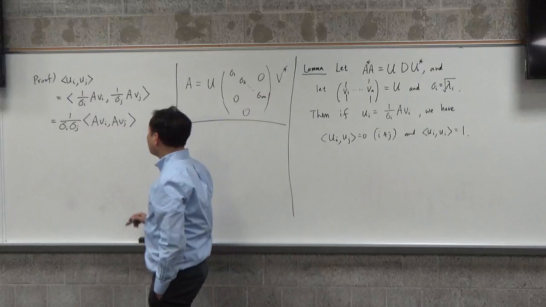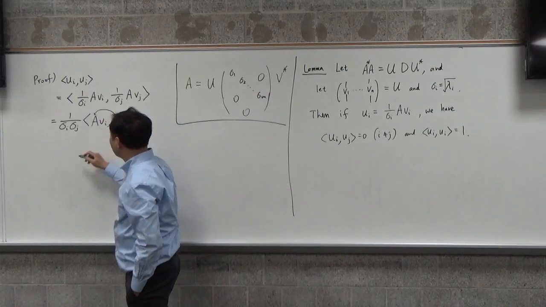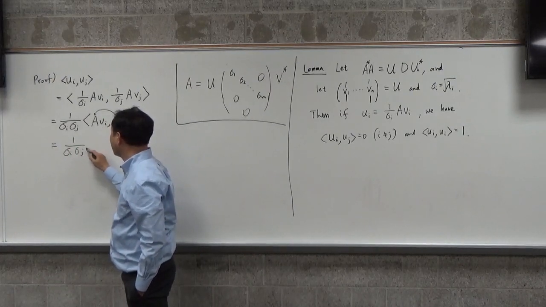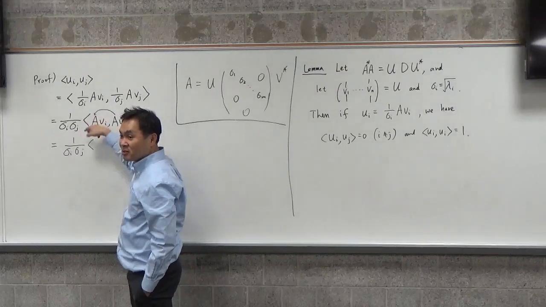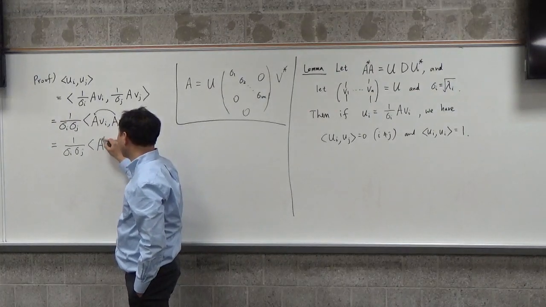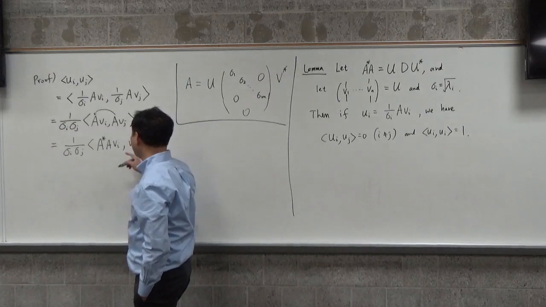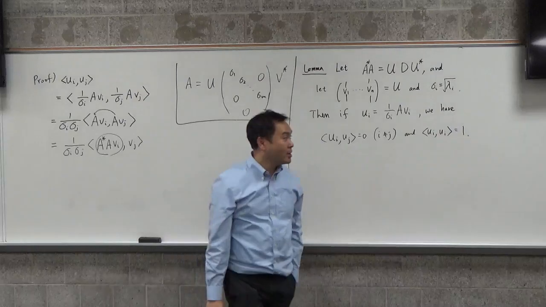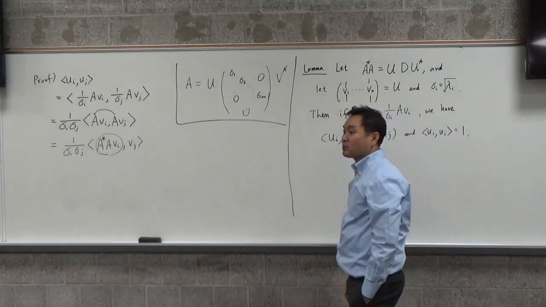And now what I'm going to do is move this A over here. So that gives you sigma I, sigma j. Now how do you move an operator to the other side? You have to take the adjoint, A star. So you have A star A applied to Vi, inner product with Vj. Oh, but I know something about this. I know that the Vi's are what? Eigenvectors of which one?